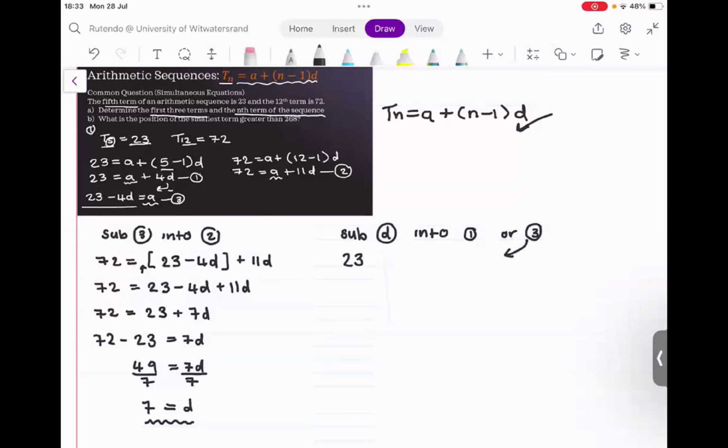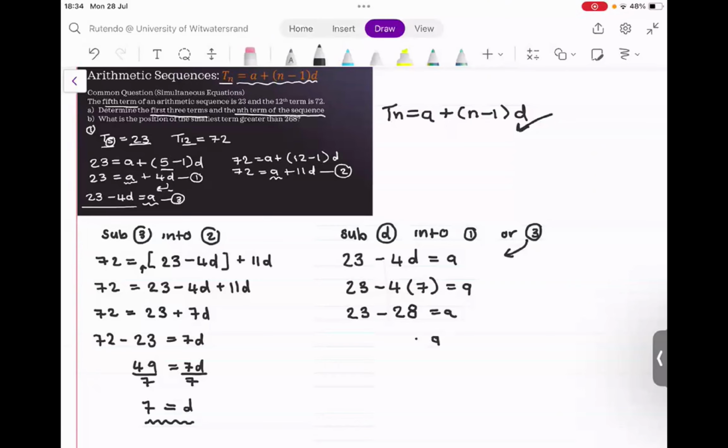And I'll have 23 minus 4D is equal to A. And so I'll have 23 minus 4. We said D is 7, is equal to A. So 23 minus 4 times 7, which is 28, is equal to A. And so 23 minus 28 is equal to minus 5.